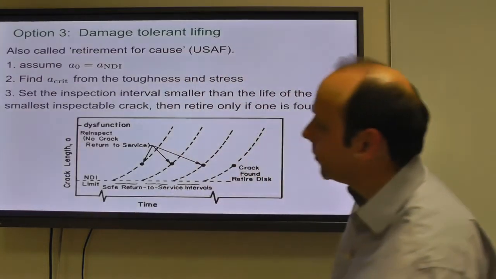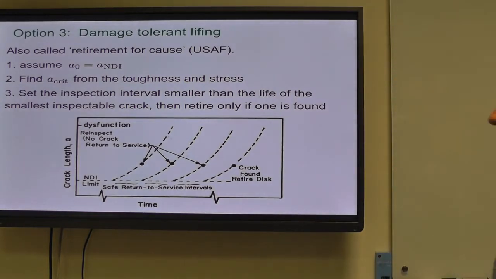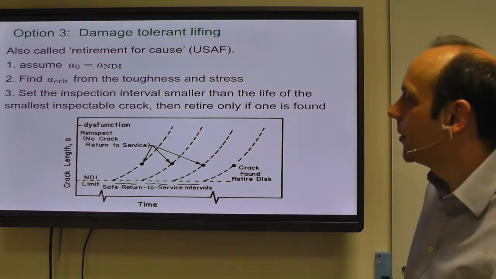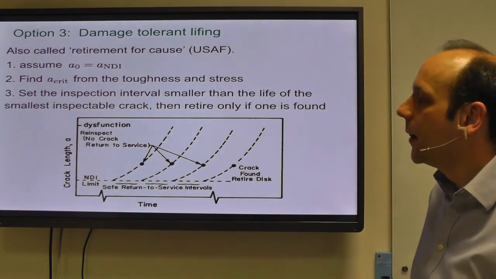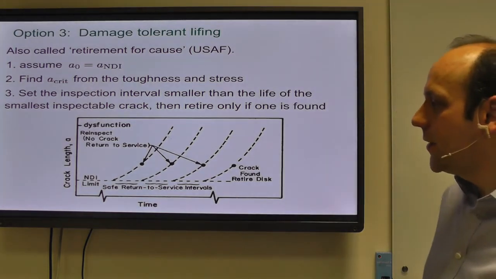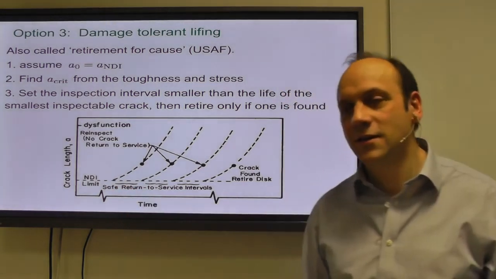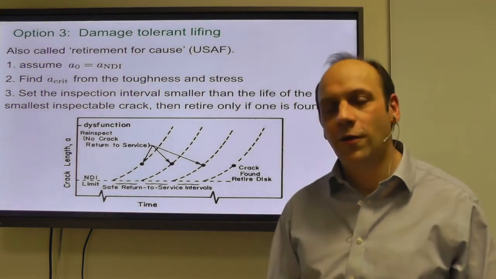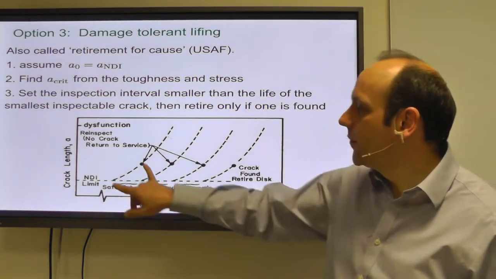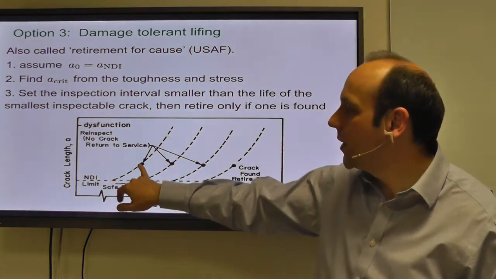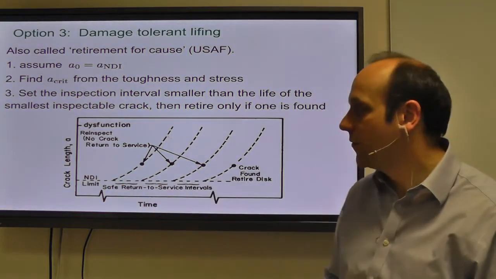And what we can then do, one option, is what's called retirement for cause, or damage tolerant lifing. And this was pioneered by the US Air Force in the 90s on the F-15 fleet. The idea here is, if you assume that the initial crack size is the smallest crack that you couldn't quite see with non-destructive inspection, then you can find out what the life would be until you got to a crack that would fail.